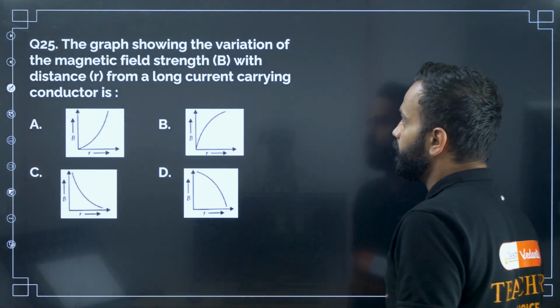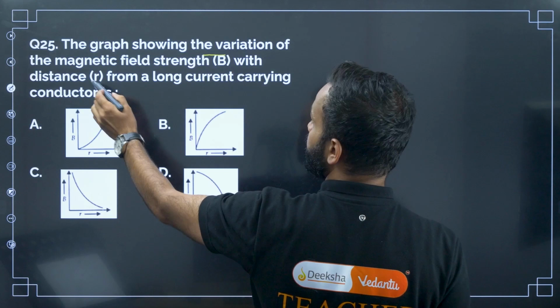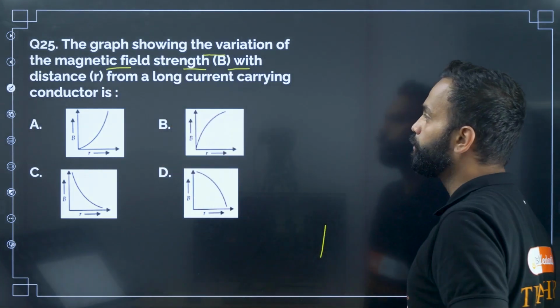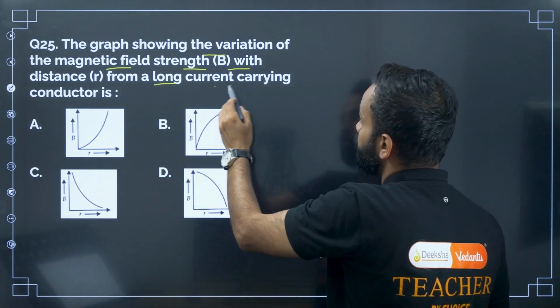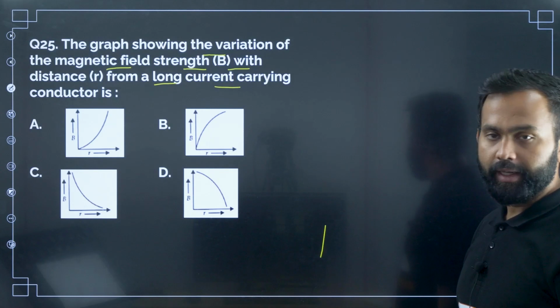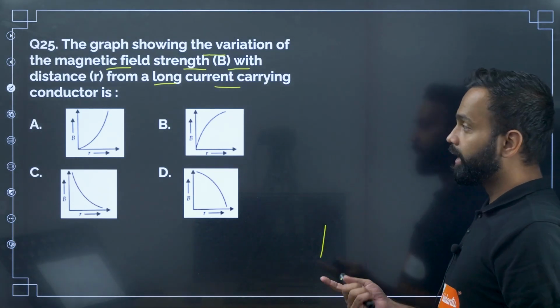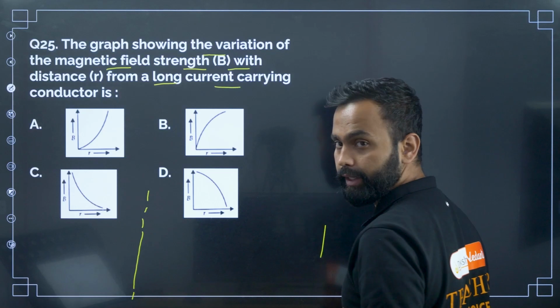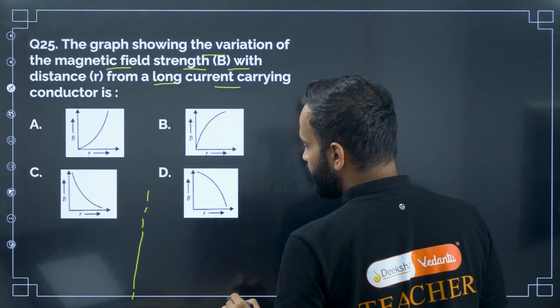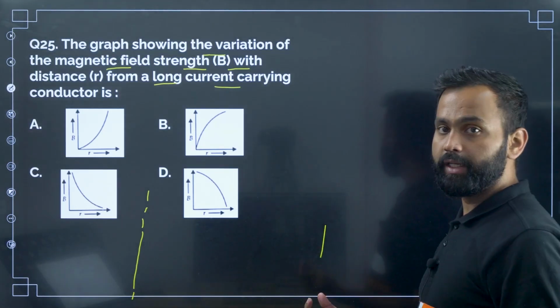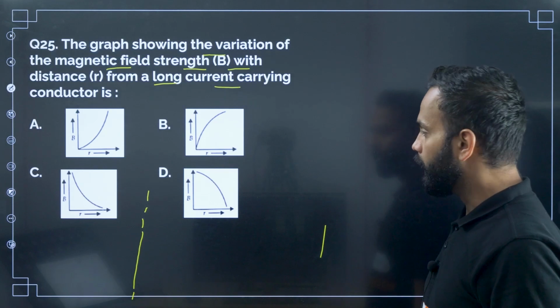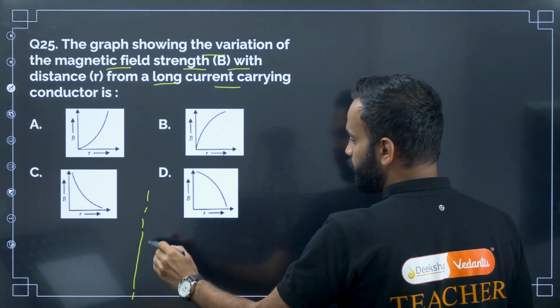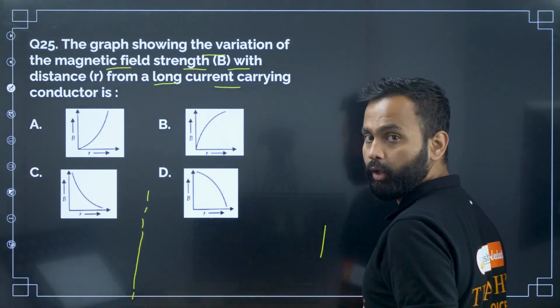Question number 25. The graph showing the variation of magnetic field strength B with distance r from a long current carrying wire conductor. So we need to find the variation of the magnetic field with distance r. What is the magnetic field due to a long current carrying conductor?